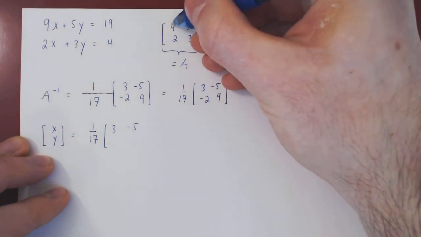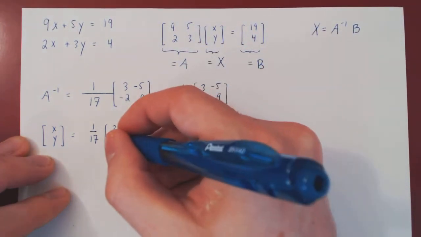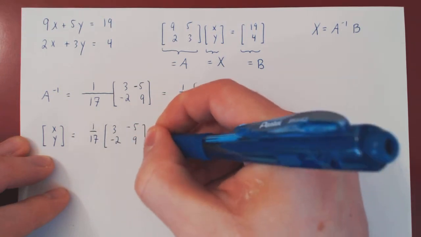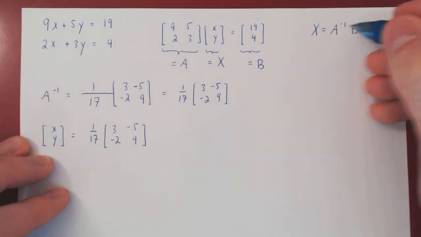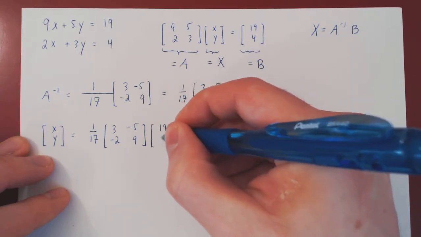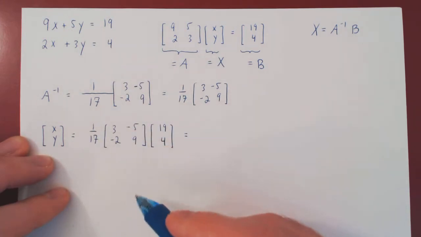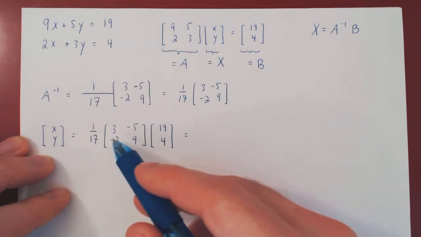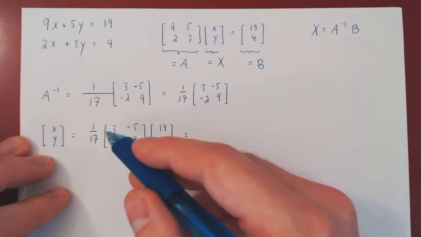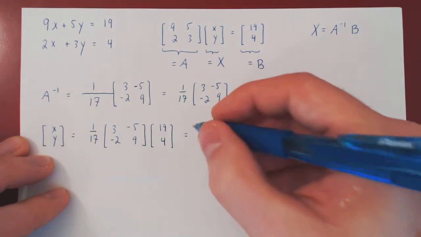Right, we swap these entries and we negate these 2. So A inverse times B, 19, 4. Leave the 1 over 17 up front as a scalar multiple and multiply these 2 first, and then bring the 1 over 17 inside.